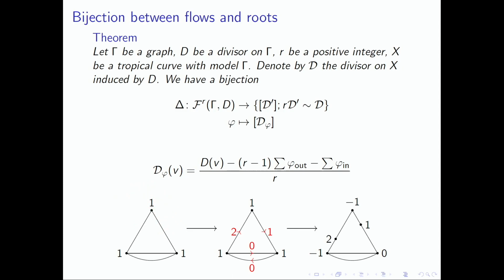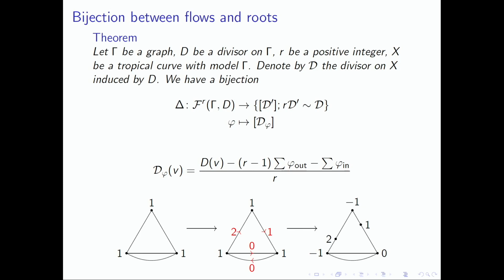So I mean, 3 times this divisor doesn't seem so much like this divisor, but there is an equivalence relation. So actually, 3 times this divisor should be equivalent to 1, 1, and 1, and it is done by a sort of chip firing on the tropical curves, so everything works out. Okay, so this is a nice theorem.